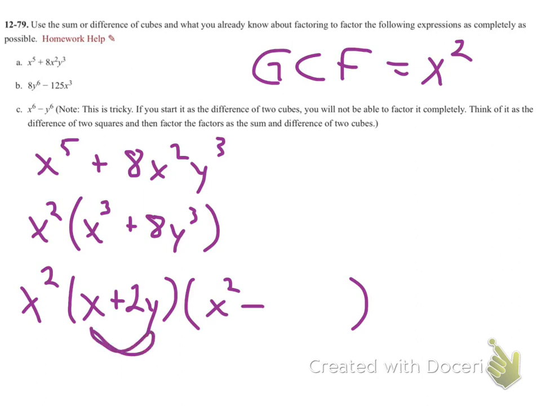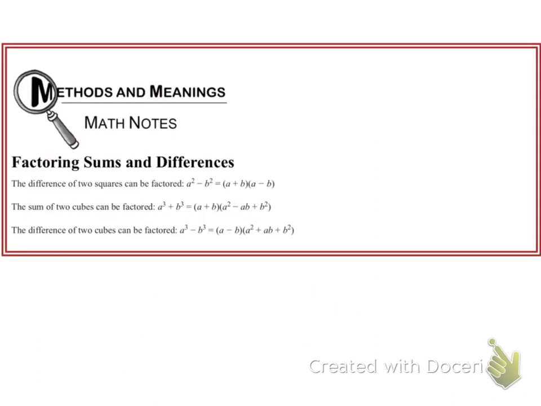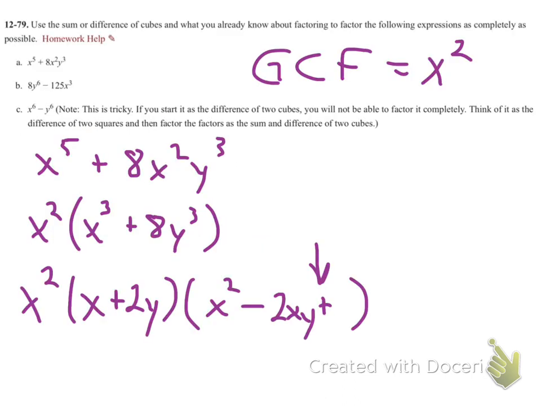These two multiply together. That sign here is always a plus no matter what. So if you look back here, it's a plus both times when you're doing sum or difference. And then I take this and I square it, which is 4y squared. That is now completely factored.